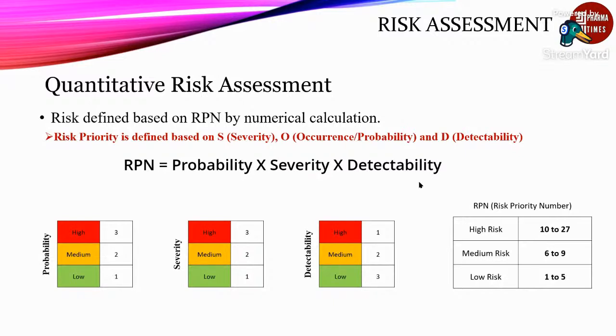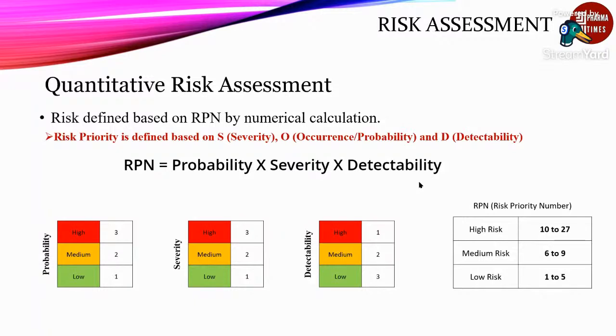So here it is the multiplication of probability, severity and detectability. So I define that if my probability is high, then I put number 3. If my probability is medium, then number 2. If my probability is low, then it's number 1. The same thing will happen with severity.